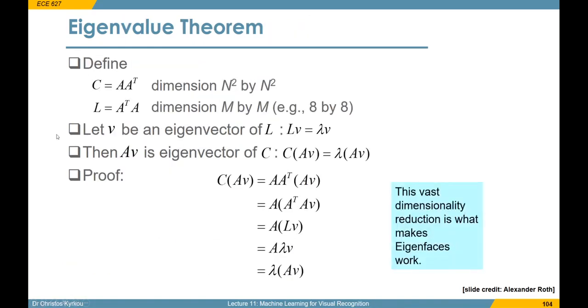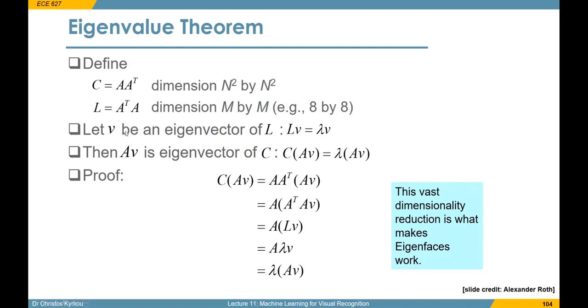Thankfully, there is the eigenvalue theorem that tells us that we first define the original covariance matrix. We define another matrix that is basically A transpose times A, which now has a dimension proportional to the number of persons in the image.